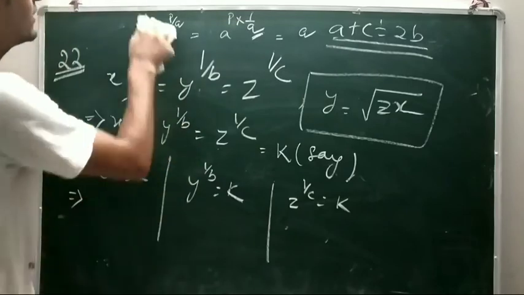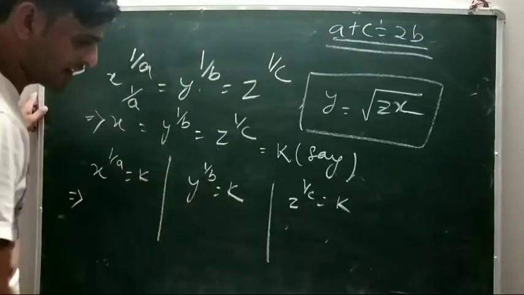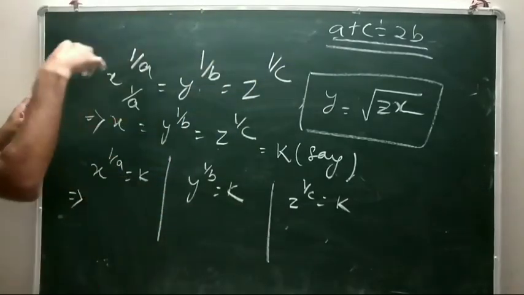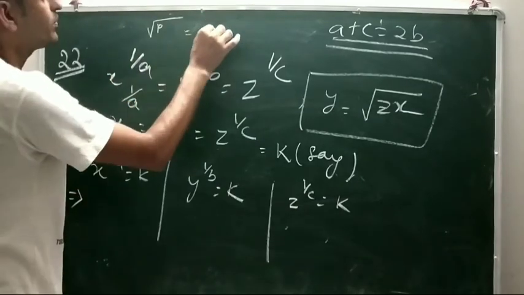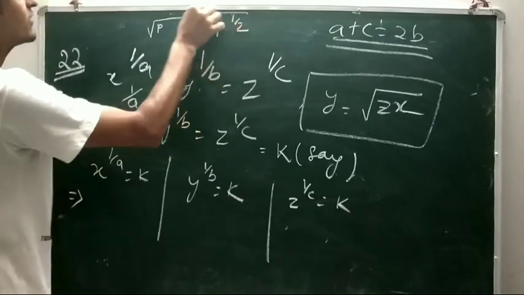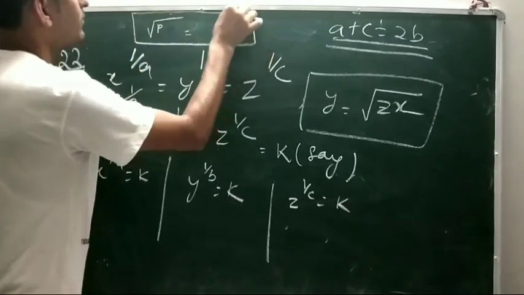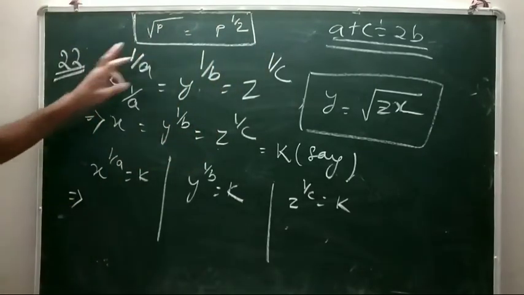It is a type of squaring both sides and taking the square root. We had a law also, root over p is equal to p to the power 1 by 2. This is a type of law of square and square root.